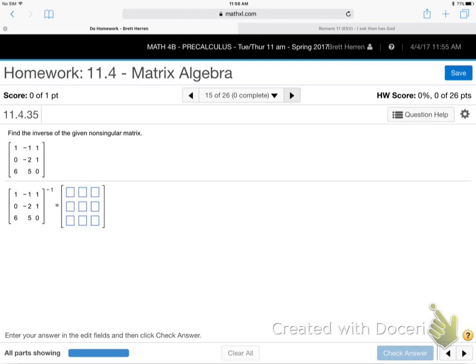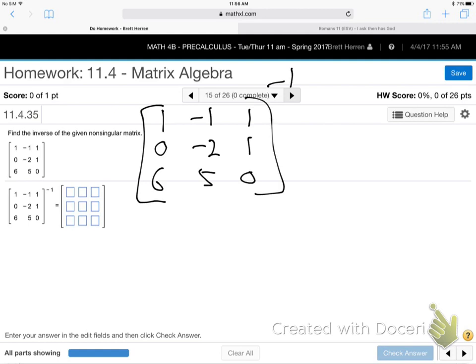Okay, so I got this big old ugly thing. 1, minus 1, 1. 0, minus 2, 1. 6, 5, 0. And I want to do the negative 1 power, which is the inverse, right? Just use your calculator.